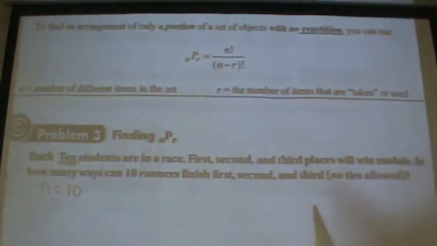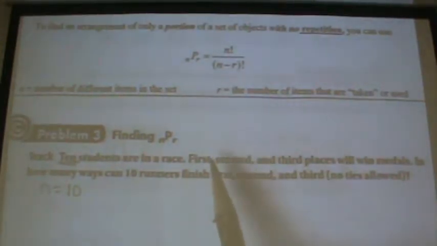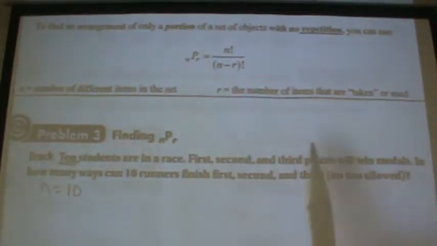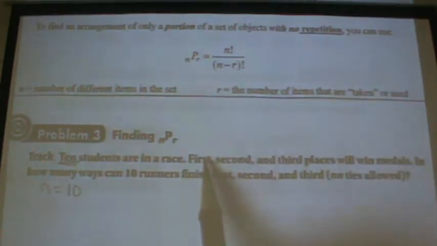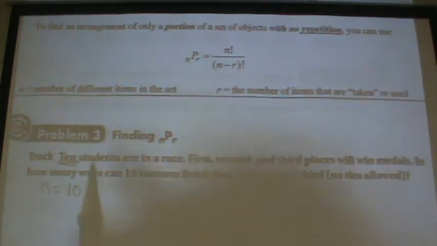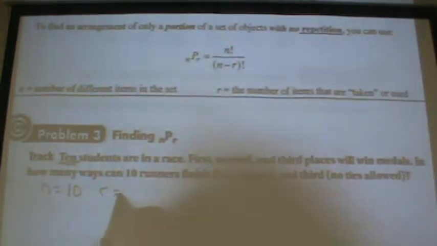And then you're finding first, second, and third place. So order matters because you get a different medal for winning first, second, or third, right? So your r, what's being taken, is first, second, and third. So you have 3. So r equals 3.